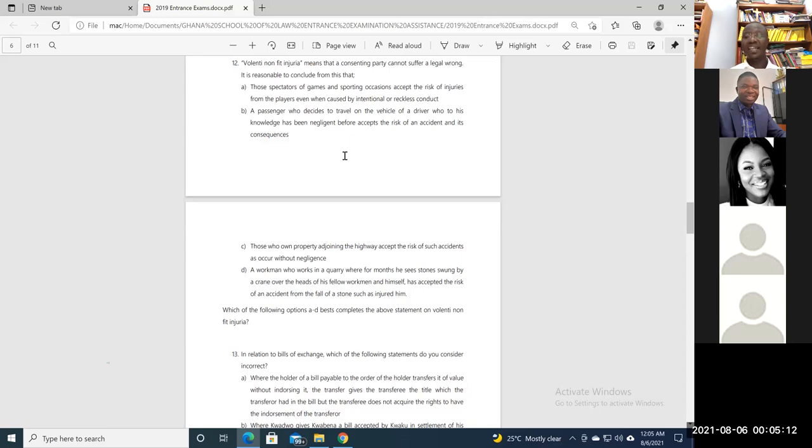Then at the tail end you are given another question task: which of the following options, A to D, best completes the above statement on voluntary assumption of risk? Okay, so based upon the explanation we have given, which of the four would illustrate voluntary assumption of risk? Look at your answers. We have two competing answers.